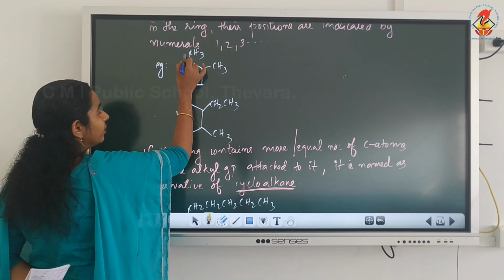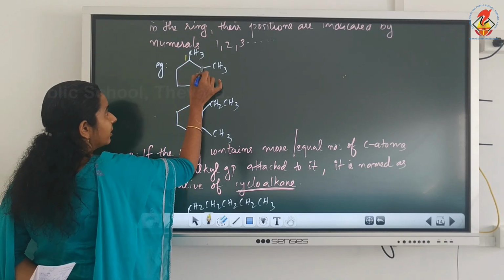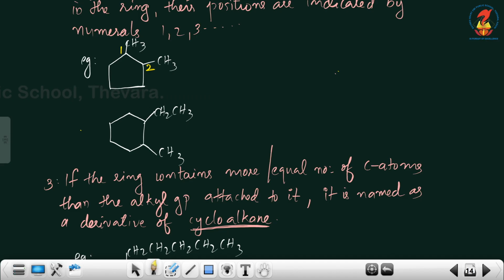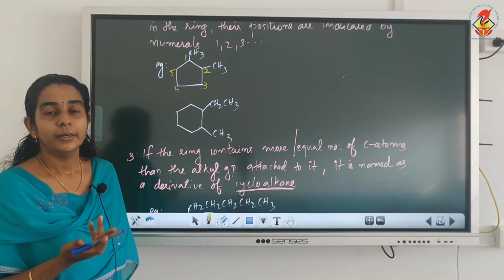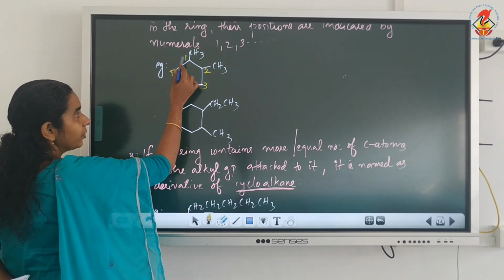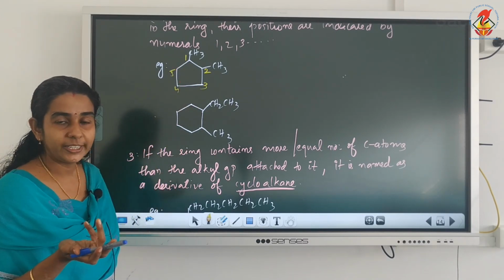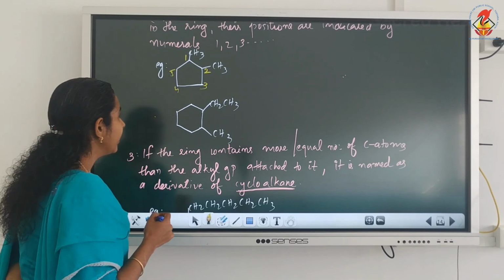So either we can do clockwise 1, then it should get number 2. Then 3, 4, 5. Actually 3, 4, 5 no need to represent because there are no other substituents present there, because we know the ring structure, it is cyclopentane, isn't it? So how can we write the name?